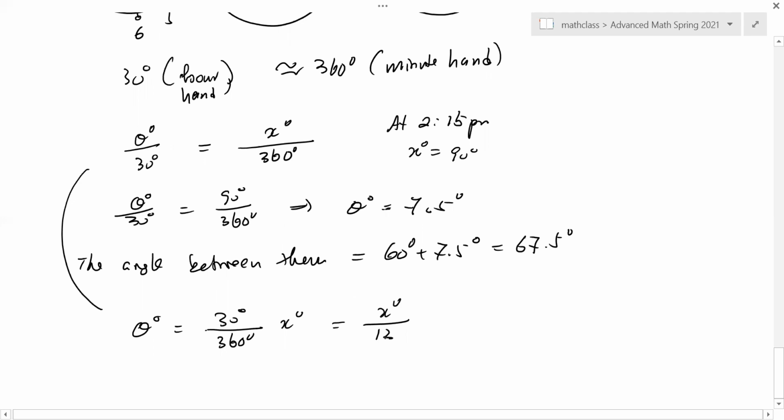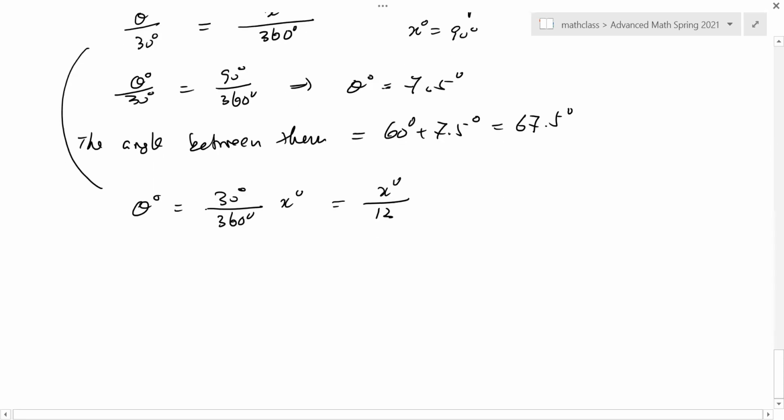Okay. So that's the relationship between those two angles. Okay, let me repeat again. That's the relationship between the hour hand and this.